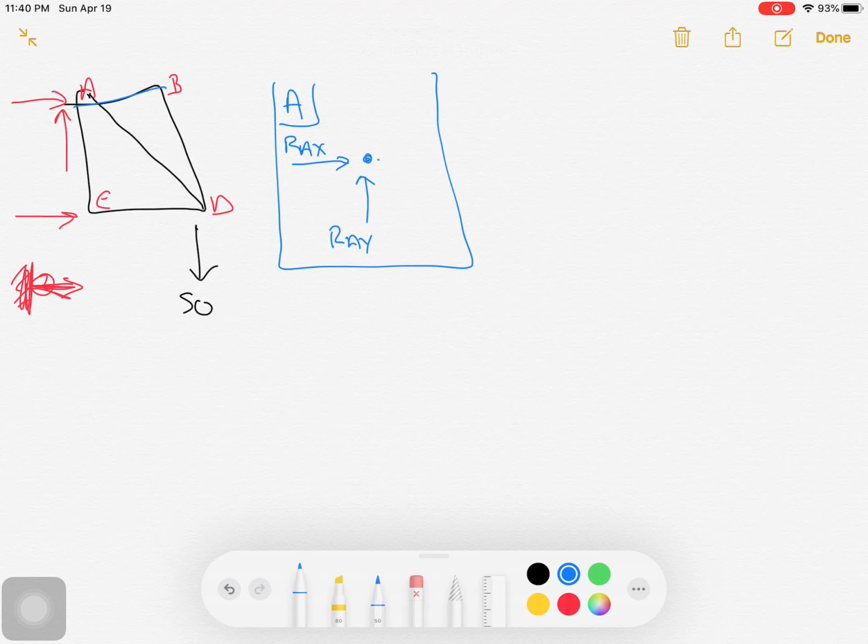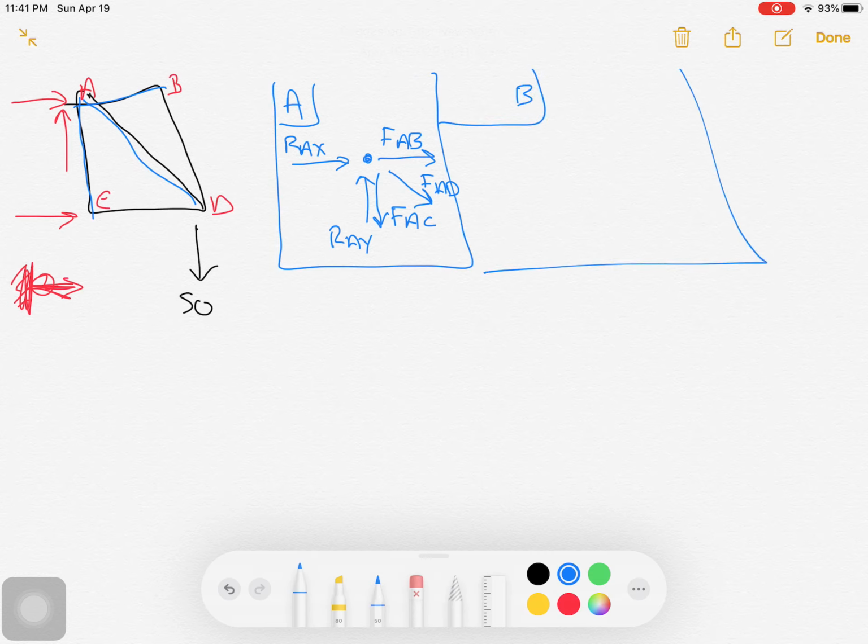Now I have member AB, so force AB. I have AC, this one right here, and I have AD. All right, let's go ahead and do point B.